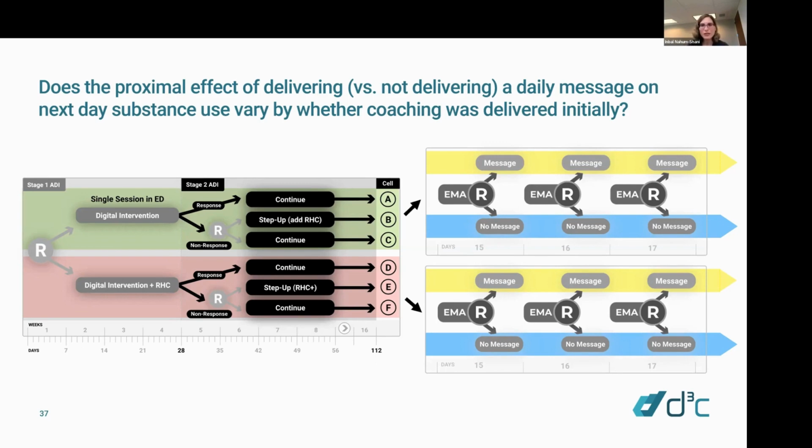It's a difference between two simple effects: the effect of the message on next day substance use for those who did not start with coaching, and the effect for those who started with coaching. And this difference between differences, this two-way interaction, will tell me if starting with coaching amplifies the proximal benefits from sending a message on a daily basis.